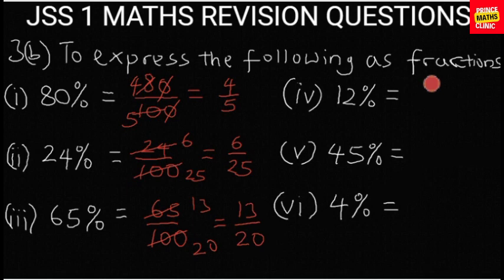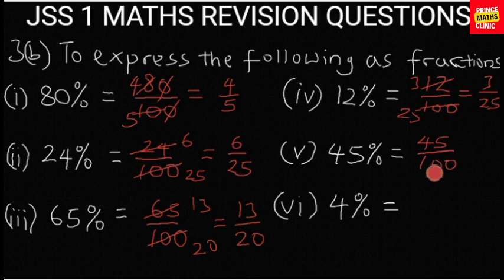Then here I will do the same thing, 12 over 100. So 4 can go here 3 times, 4 can go here 25 times. So I will be left with 3 over 25. Then here is 45 over 100. So in this case, I will divide by 5. 5 here is 9, 5 here is 20.